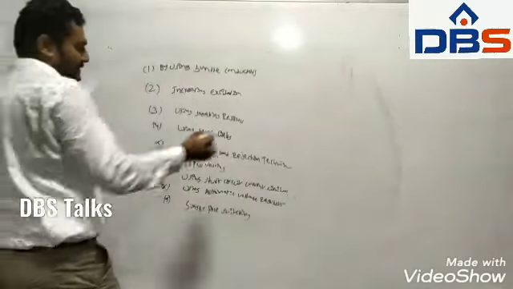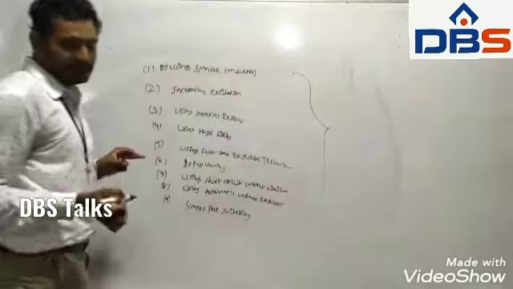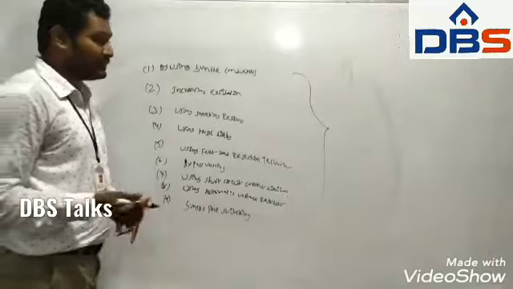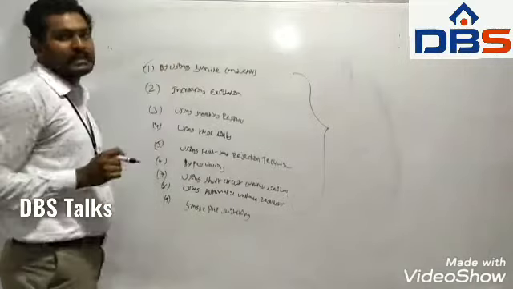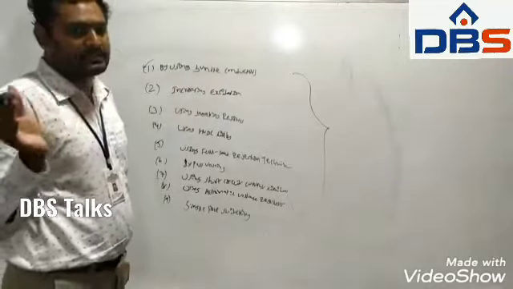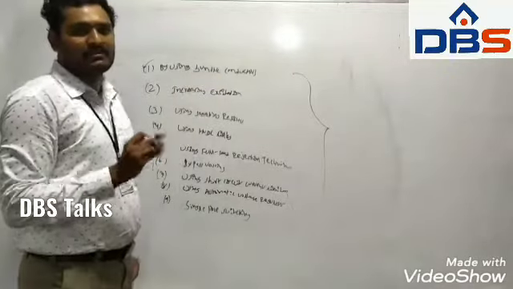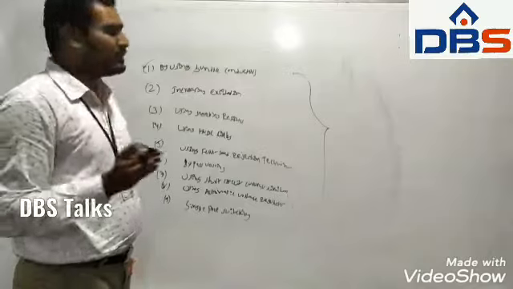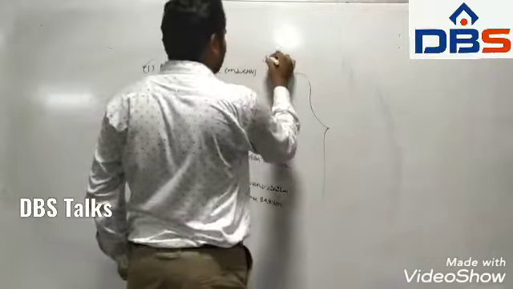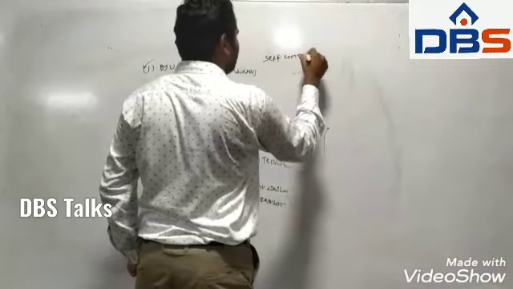So by using these 9 methods, we have to improve the stability effect or steady state stability effect. The first one is using bundle conductors. Here, using bundle conductors means the reactance can be reduced by employing bundle conductors having 2 or more conductors per phase. By using this, we increase the self GMD value.